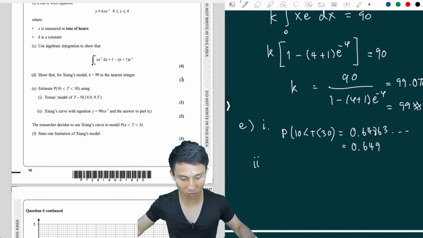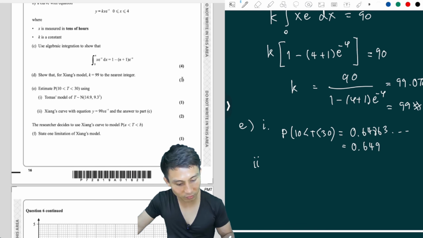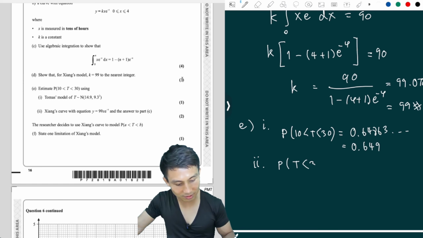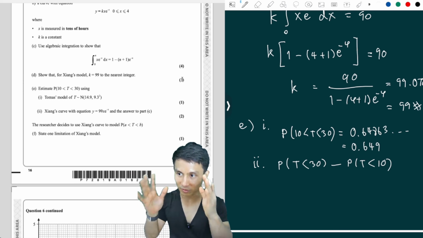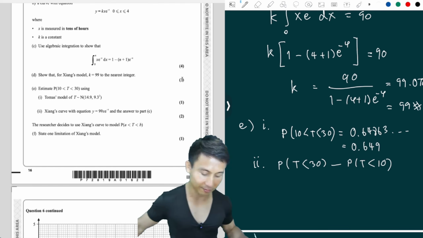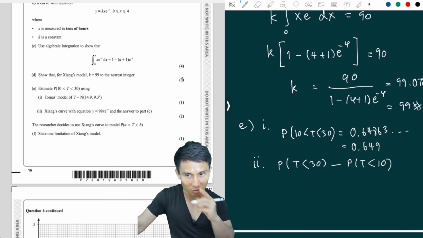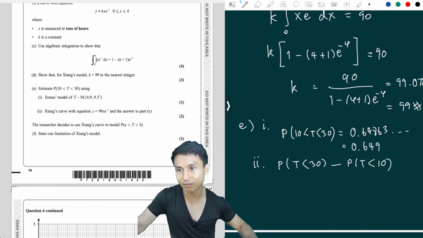To find the probability, we need P(T less than 30) minus P(T less than 10), because we want the inner area. For T less than 30, we're going to use that integral in part C.